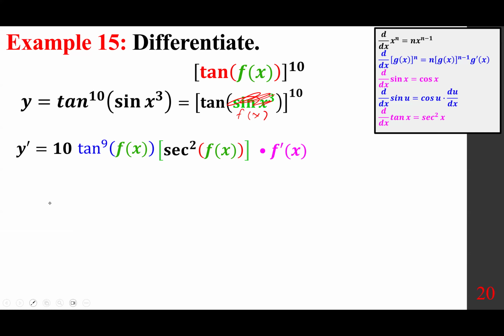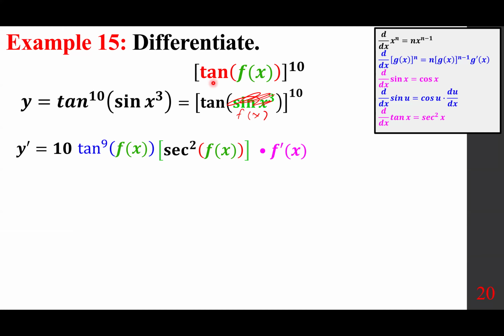So a quick recap, 10, this thing to the power of 9, then the derivative of the inside. What is the derivative of tangent? Secant squared. And because tan is a function of x, the argument is a function of x, times f prime x.